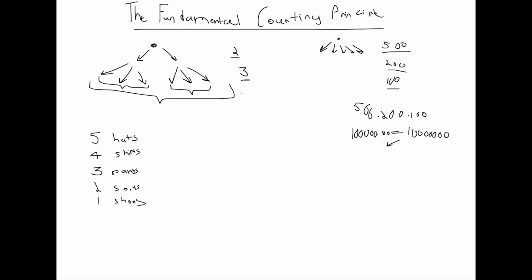Just to recap, the fundamental counting principle states that when you have a situation where you have different choices or different things that can happen over several stages, so this would be one stage, for example, and this would be the second stage, then you just have to multiply the different ways something can happen on each stage together to equal the total number of ways something can happen.